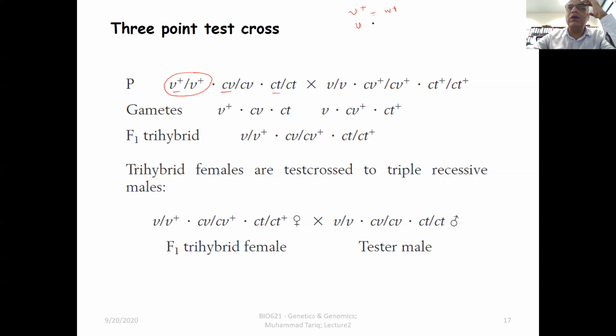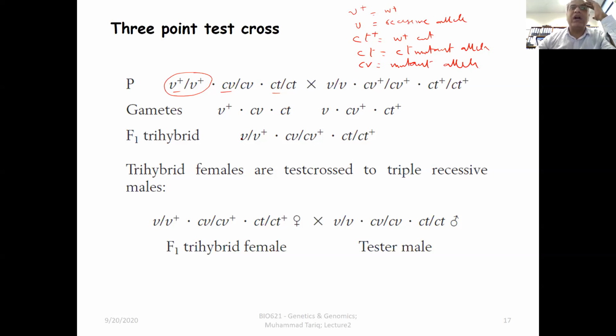If it is V alone, it's a recessive, mutant allele. If it's CT plus, it means it's wild type for cut, and if it is CT, it's a mutant allele. The same is for cross-veinless: this is the mutant allele, and CV plus means wild type.